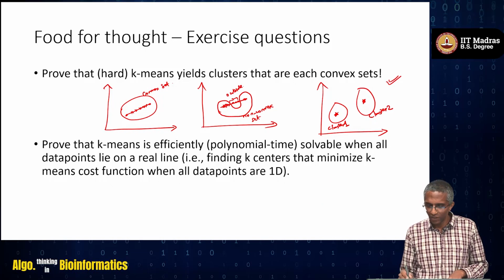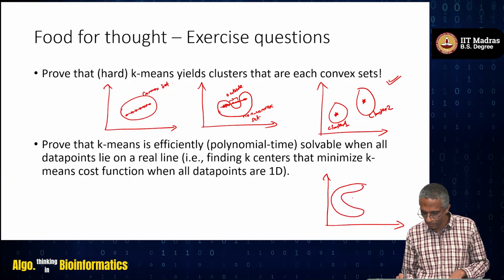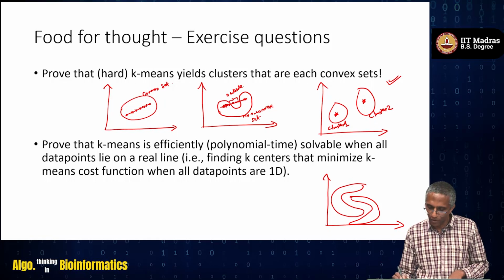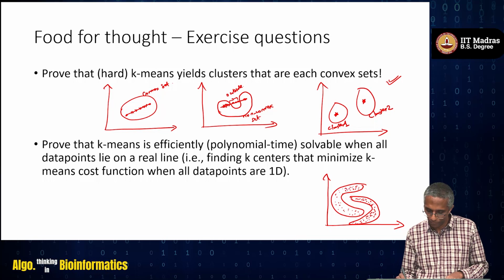You should be aware that on the other hand, if you have data points which look like this, where you have one cluster like this and then another cluster like this, a yin and yang thing, our human eye can see a set of data points like this, and another set of data points like this, with very high densities within each of these curvy sets.